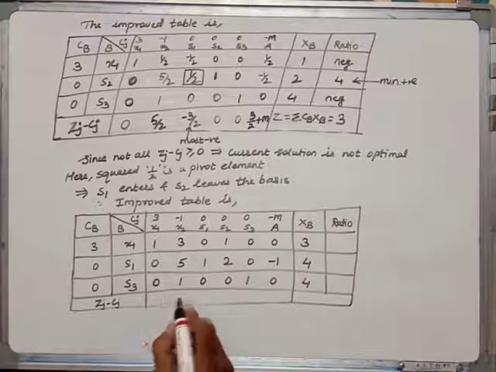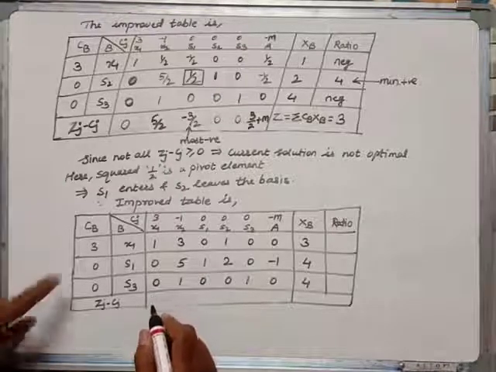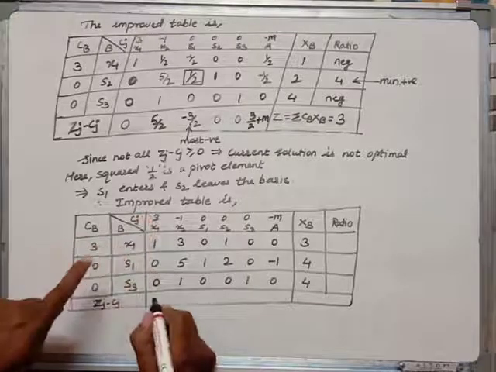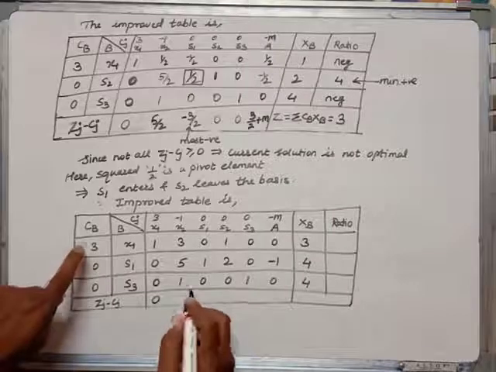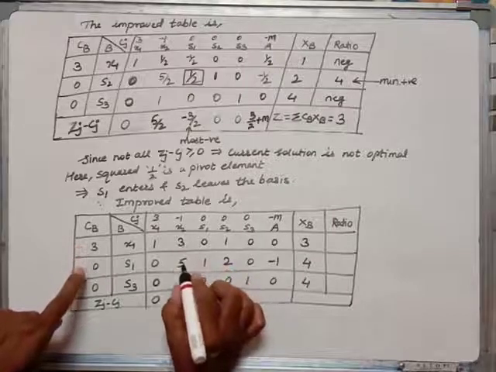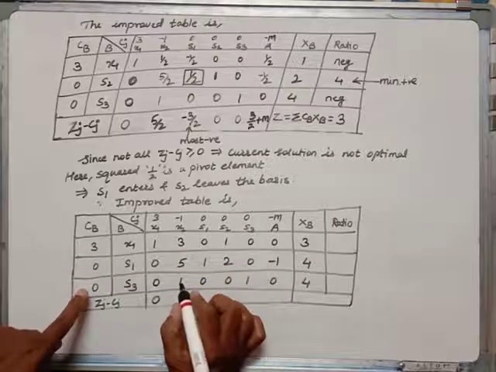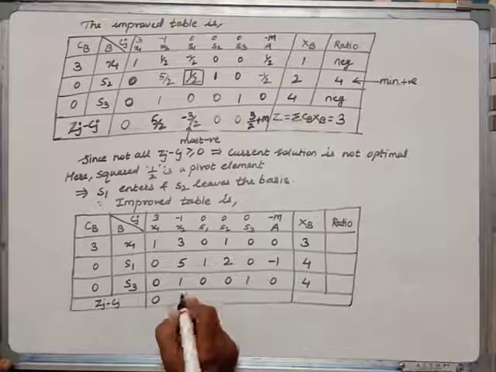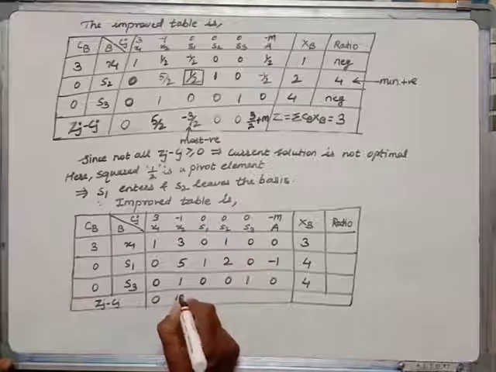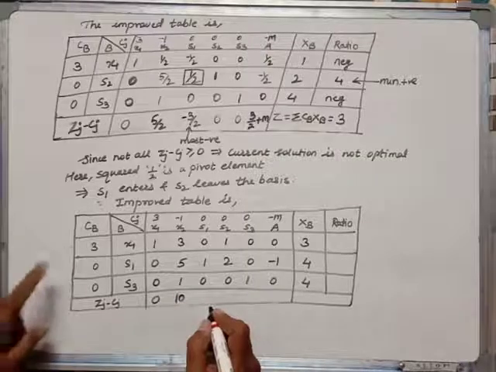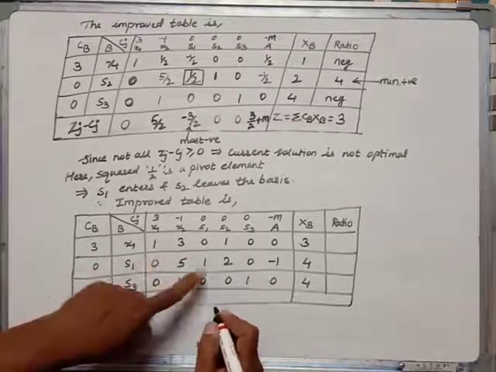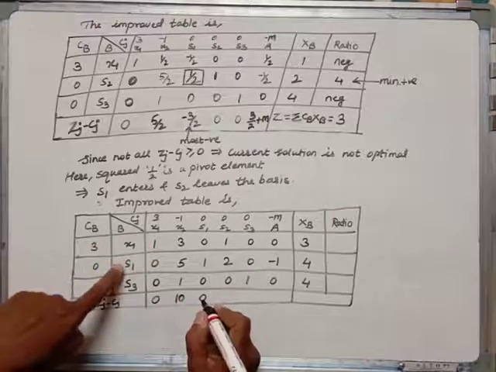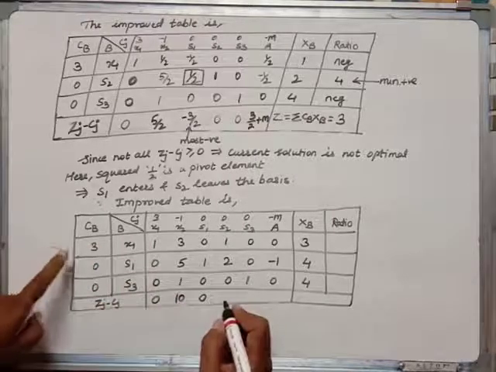Now let us check what are Zj minus Cj. Look at here 3, this is 0, 0, minus 3, so 0. Now this is 9 plus 0 plus 0 minus minus plus 1, so here it is 10. Now 0, 0, 0 minus 0, so 0. Clearly S1 is in the basis now, so its Zj minus Cj is 0.